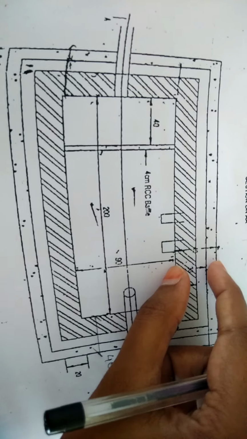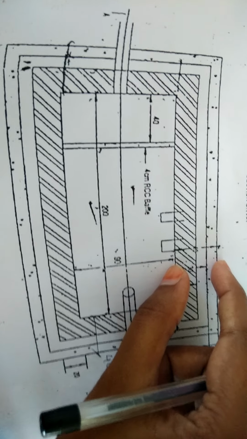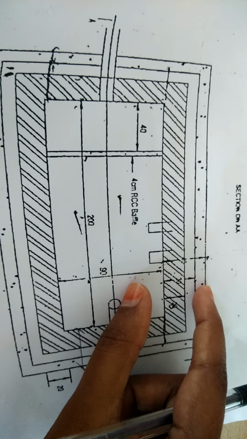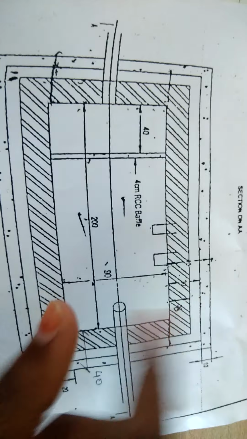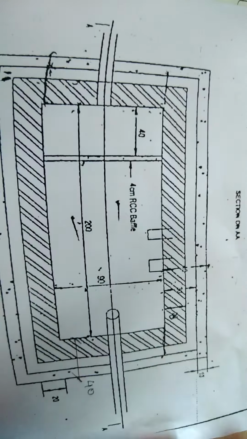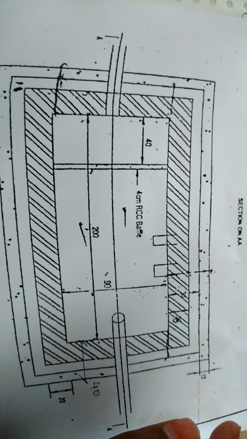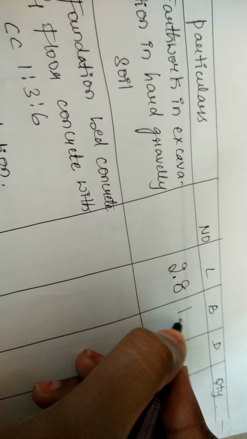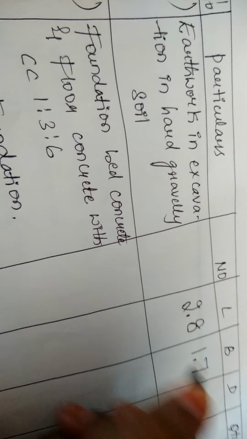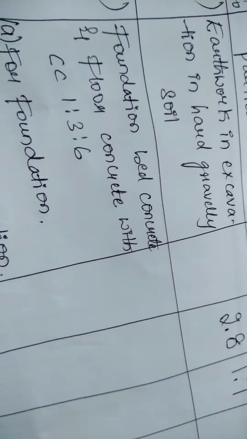Again 130 plus 40 gives you 170. So that is in terms of centimeters. Now divide 170 by 100. On dividing 170 by 100, you will get a value in terms of meters, that is equal to 1.7. So that is your width. 1.7 is the width of the earthwork excavation.